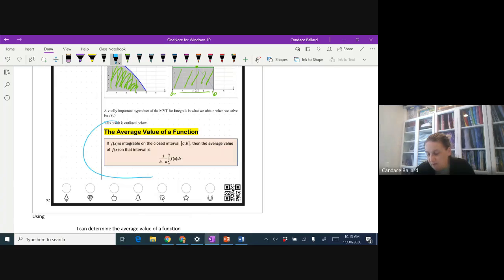It'll specifically ask you for average value, and value really means anything that has to do with the y, the dependent variable. It could be the average number of monkeys doing something in a zoo, I'm making stuff up. As long as it doesn't say average rate of change, you know you're doing this 1 over b minus a. And again, we did hit it just a tiny bit when we reviewed last year.